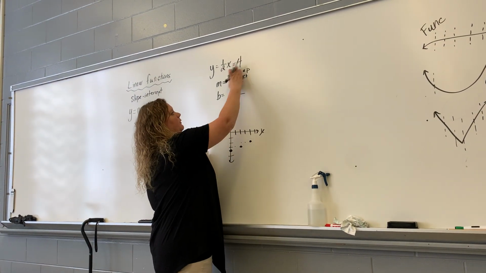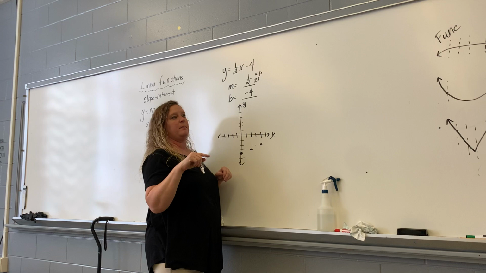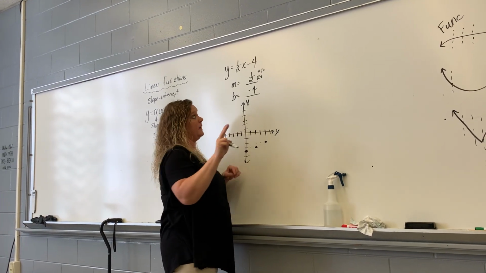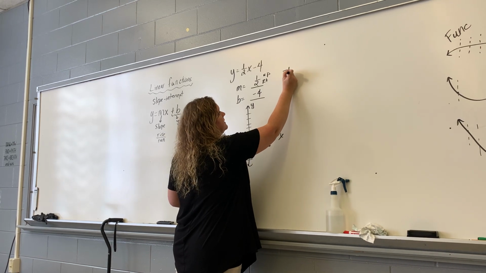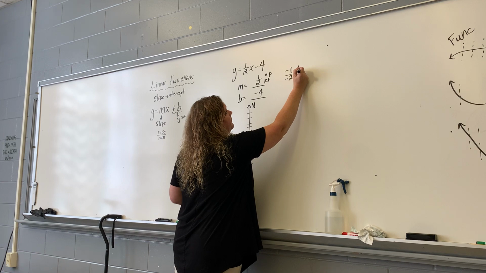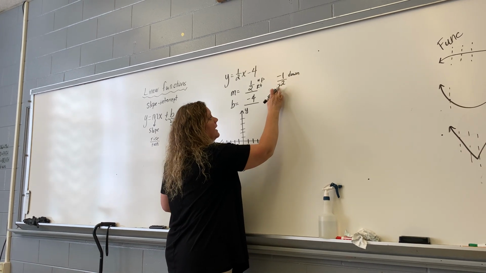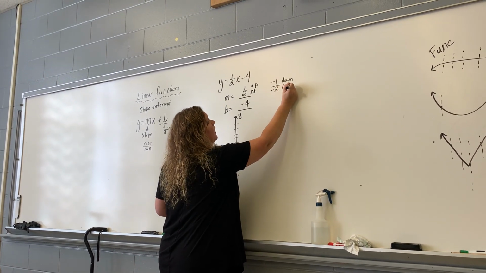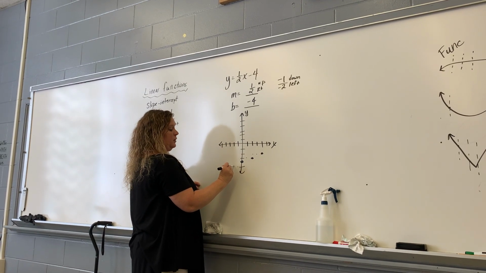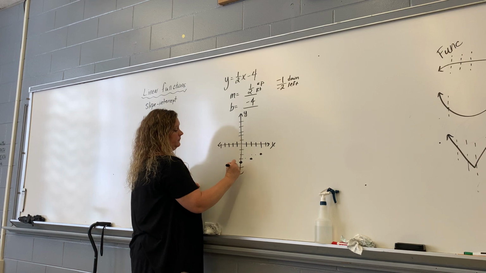This is a positive. What other way do I have to get a positive when I'm dividing? 2 negatives will also make a positive. So I could do this as a -1 over a -2, which would mean not up, but down, then not right, but left. Down and left will also give me a point on this line. If I go down 1 and left 2, I'm still on this line.